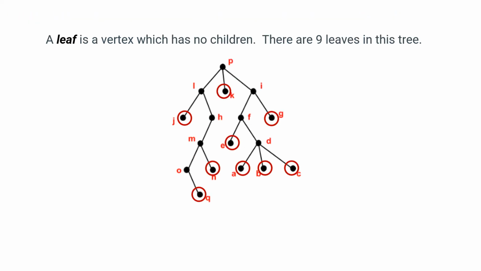A leaf is a vertex which has no children. If we have a rooted tree and we put the root at the top, then the leaves would be those at the bottom of any branch that doesn't have any children coming out of it. In this case, we would say that there are 9 leaves, because every one of those circled vertices has no children.